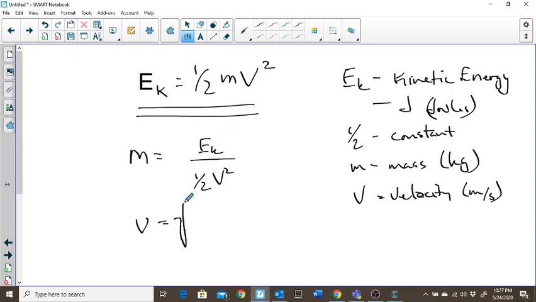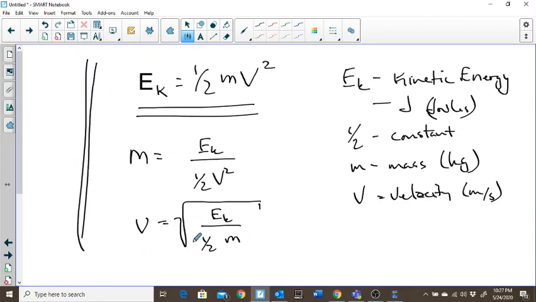So we're going to have the square root of our EK, and again, we're going to have our 1/2 down here, and we'll have our mass. So 3 variables, 3 relationships, and this is how we can calculate them. It is algebra that takes us from one to the next.